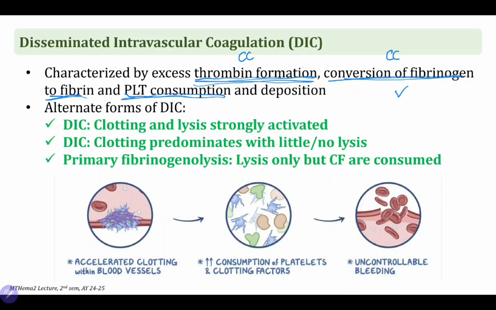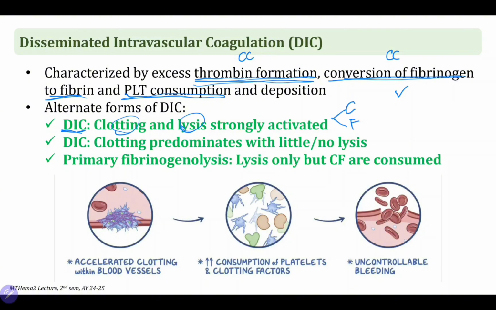Okay, now your DIC can be in different alternative forms. Okay, it could either be a DIC with activated clotting and at the same time lysis. So, meron siyang clotting, meron din siyang activated na lysis. So, activated both si coagulation cascade niya at saka si fibrinolytic system niya.